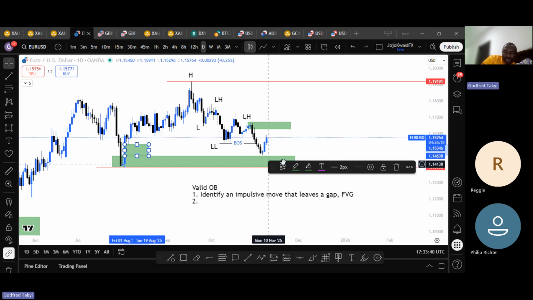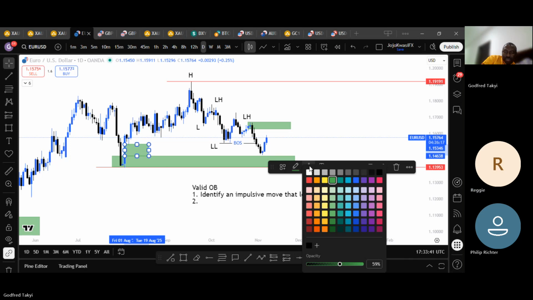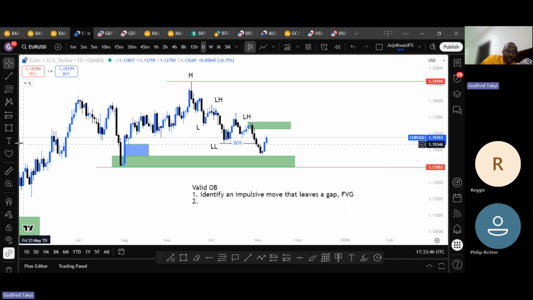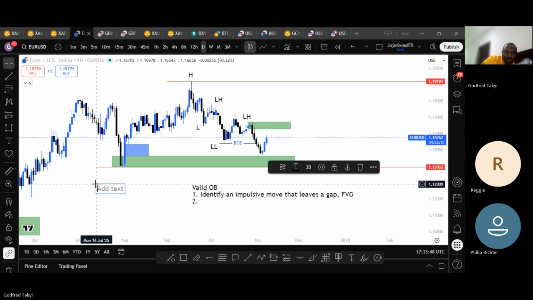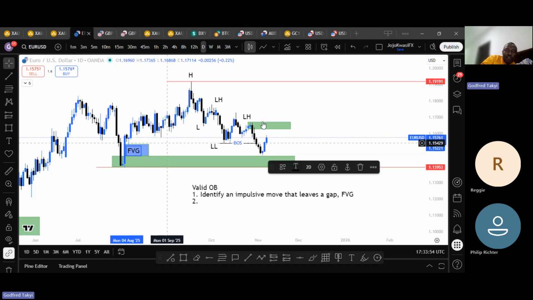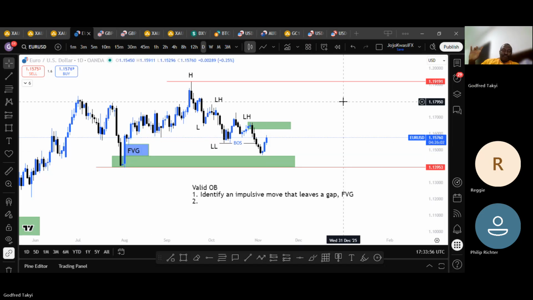Can you see it? That is the gap. That is what we call the fair value gap. Once you say there's an impulsive move, it means there's a gap.